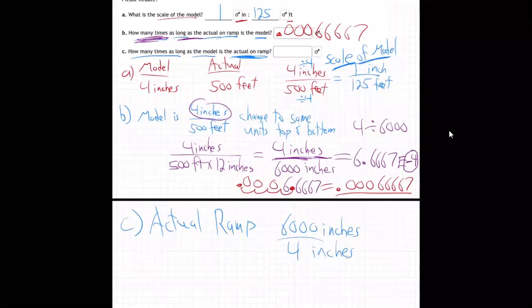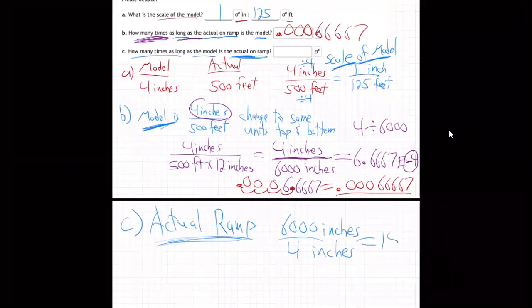You just turn the fraction upside down. Now they're saying the ramp is how much bigger. In part B, they were saying the model is how much smaller. It's the same question, just upside down. So if you divide 6,000 by 4, I'm getting 1,500, which means the actual ramp is 1,500 times as big as the model.